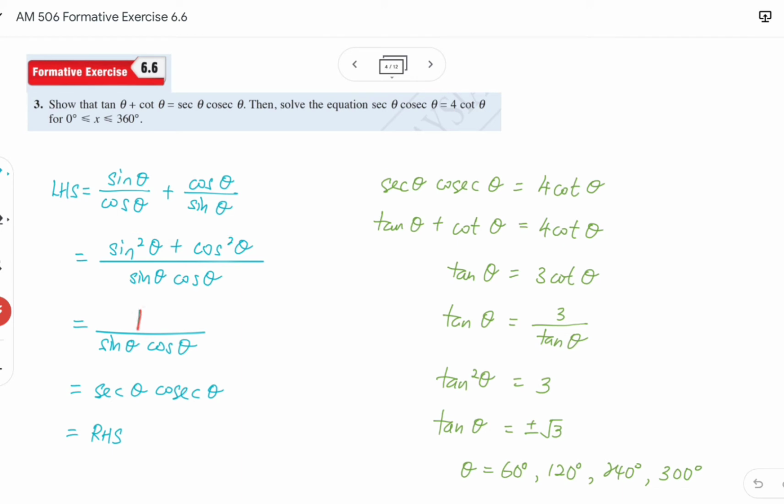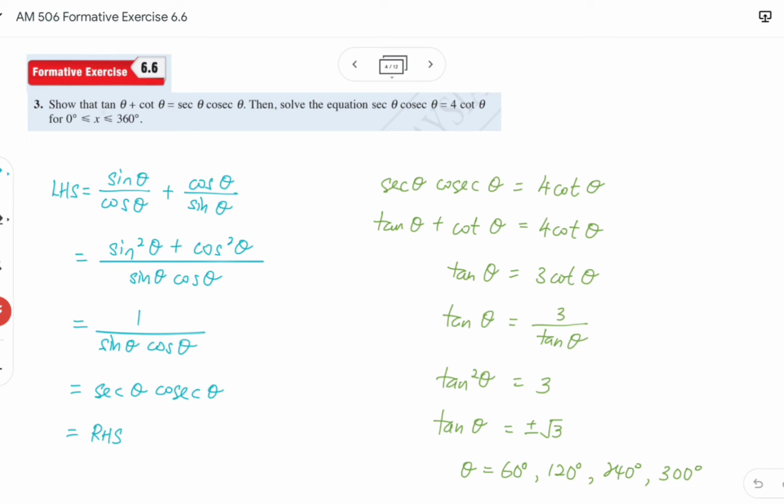Therefore, we have 1 over sine theta cosine theta, which is 1 over sine theta, cosecant theta, times 1 over cosine theta, which is secant theta. So we get exactly the same as the right hand side. So proven.